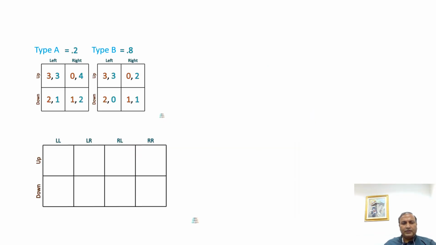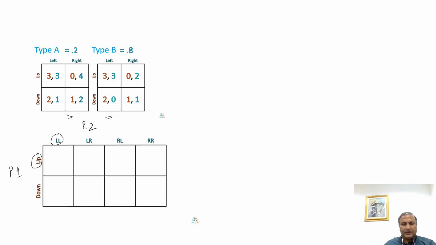So now we can use these two payoff matrices to find the numbers here. We first try to fill out if player 2 is choosing L and player 1 is choosing up. So this is player number 1 and this is player number 2.